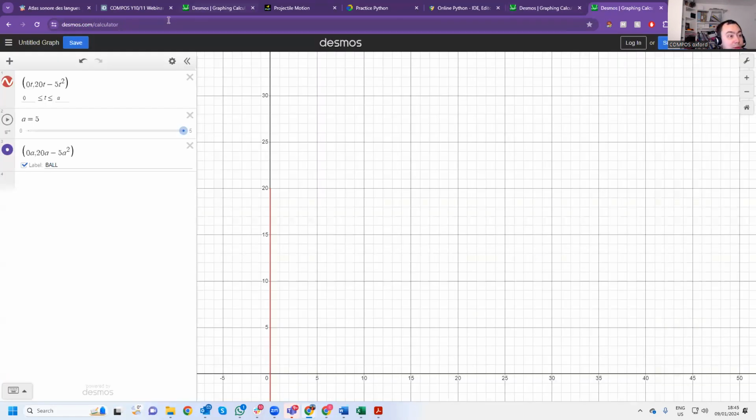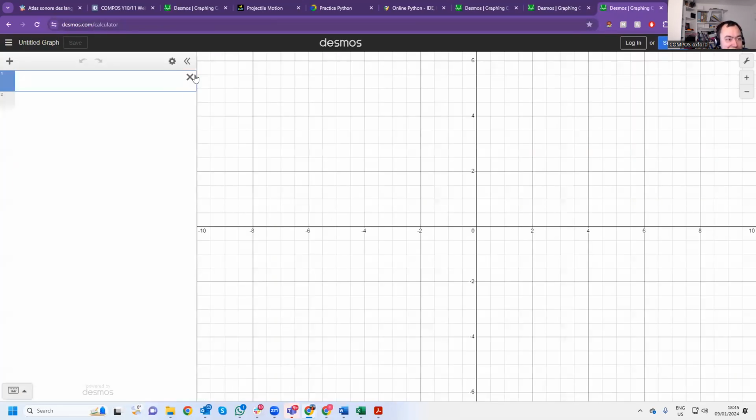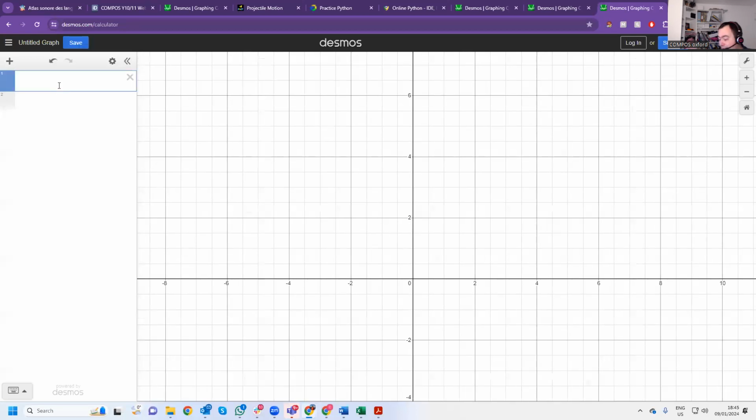Let's do another example. It's off the top of my head. I'll try to make it quick, but let's say we have the sun. Let's put the sun at 0, 0 and label it the sun.